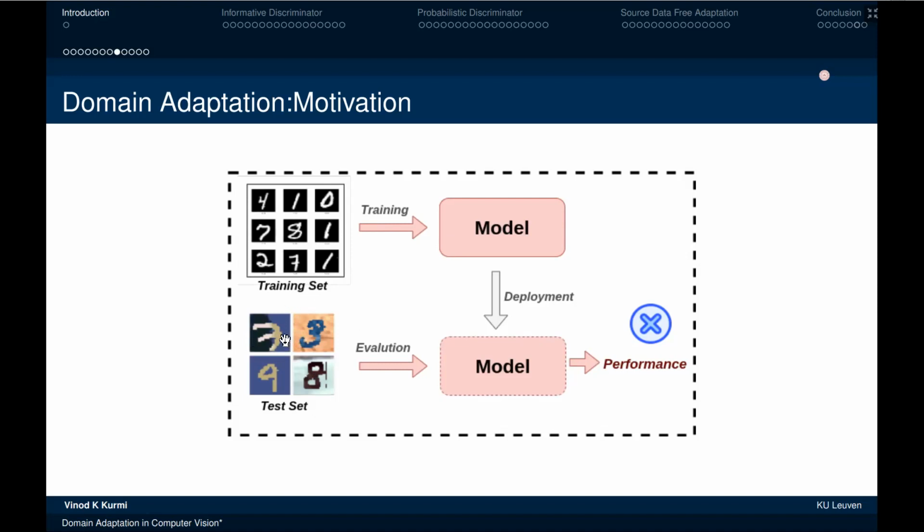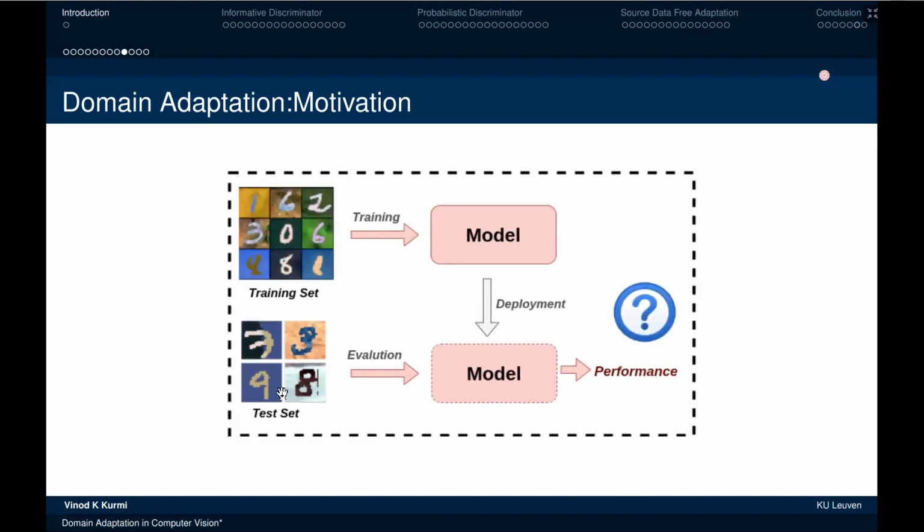Suppose this is our end task, and we want our model to work on this particular task. What to do in that case? First, the basic naive approach: we can use the same kind of training set as the test set. So the training set and test set are both the same, meaning both come from the same distribution.